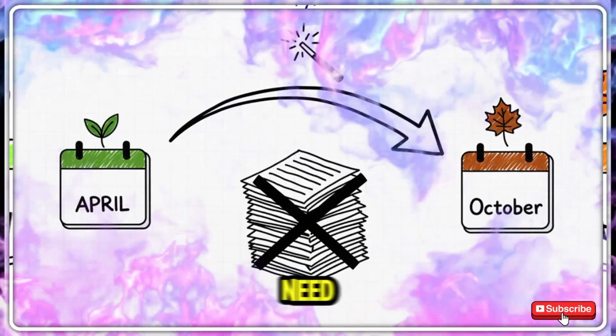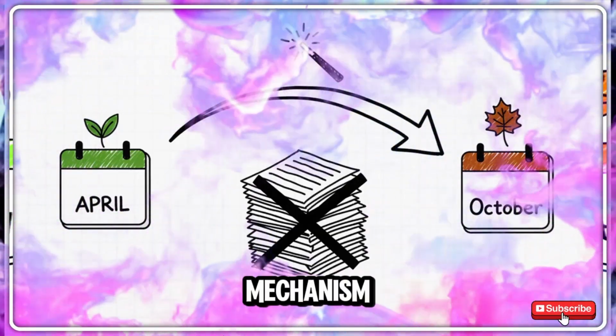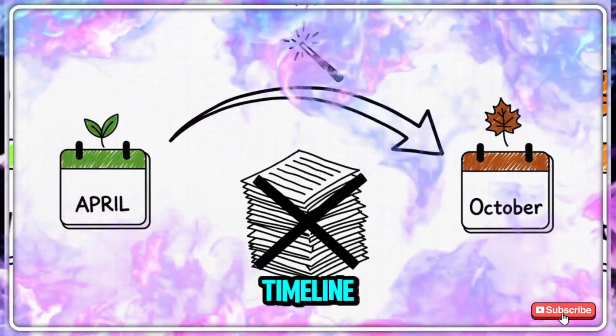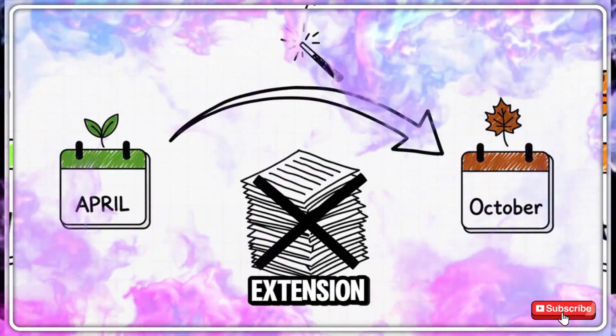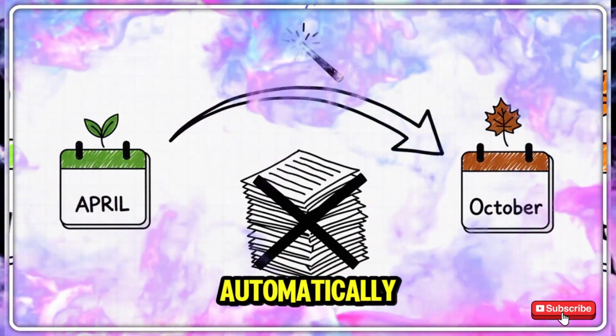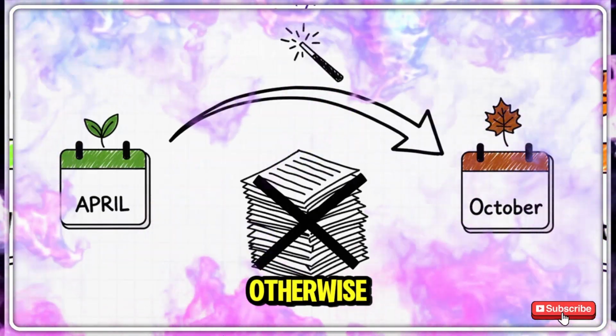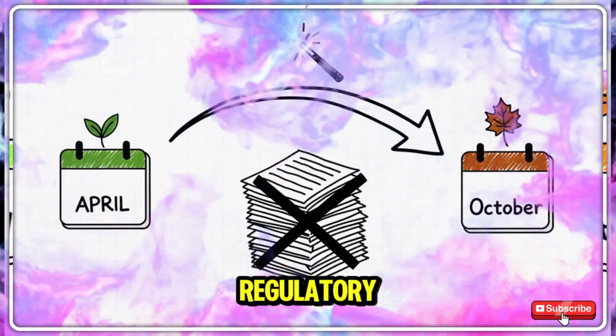But we really need to highlight a highly actionable, non-obvious procedural mechanism regarding that exact timeline. That 6-month extension from mid-April to mid-October is applied entirely automatically. This is a rare moment of frictionless administration in an otherwise extremely strict regulatory environment.